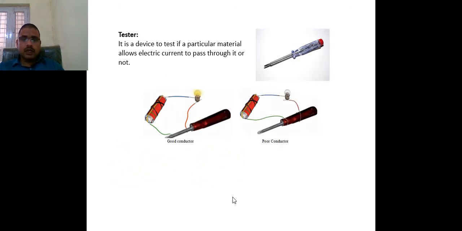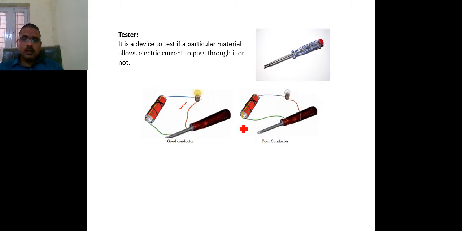Here there is a tester. How does the tester conduct the electricity? Since this part of the tester is made up of material like iron or copper, when used to make the path of the circuit, you can see here the bulb is glowing.